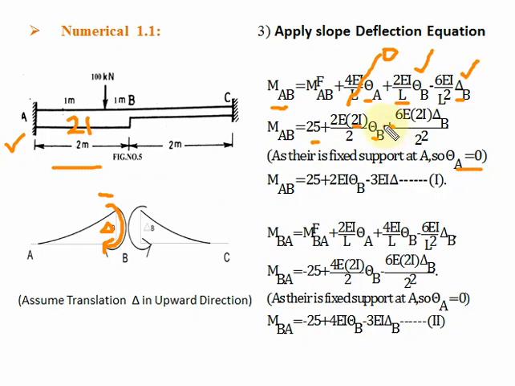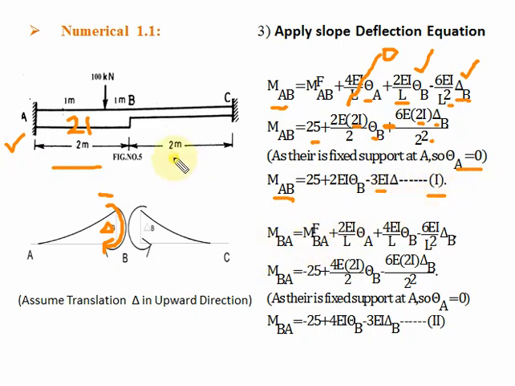So this one is a minus and its value is 6 EI by L square into delta B. So 6 EI, I is 2I, into delta B divided by 2 square. Finally we have MAB is equal to 25 plus 2 EI theta B minus 3 EI delta. Let's say equation number 1.